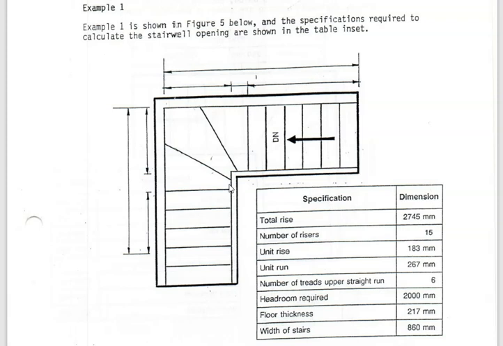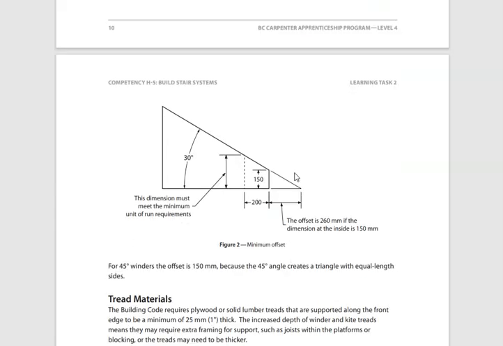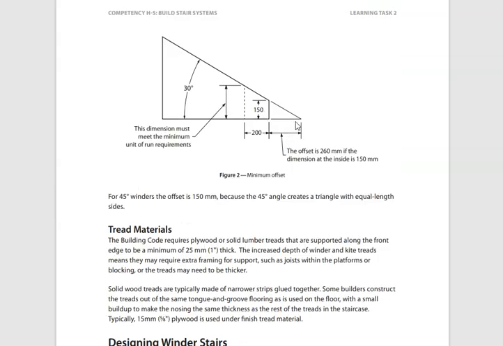So on a set of winders, a set of 3 winders, on a set of any winders, we need 150 millimeter minimum tread depth here. And I'll just jump over to a better visual of that. So if this is that bottom winder, each winder, on a set of 3 winders, are turning 90 degrees. We've got 3 winders, so each winder turns 30 degrees.